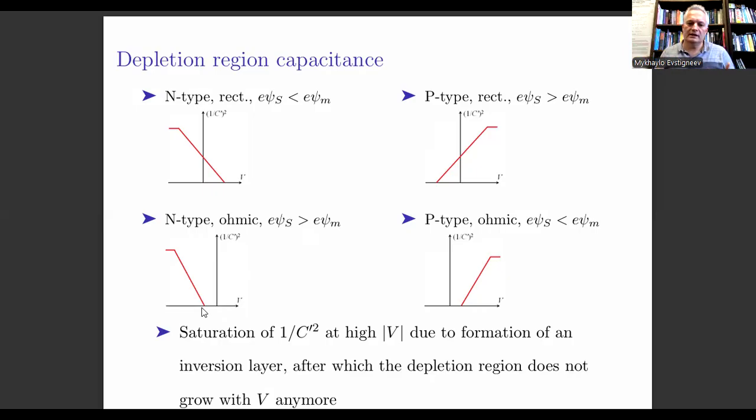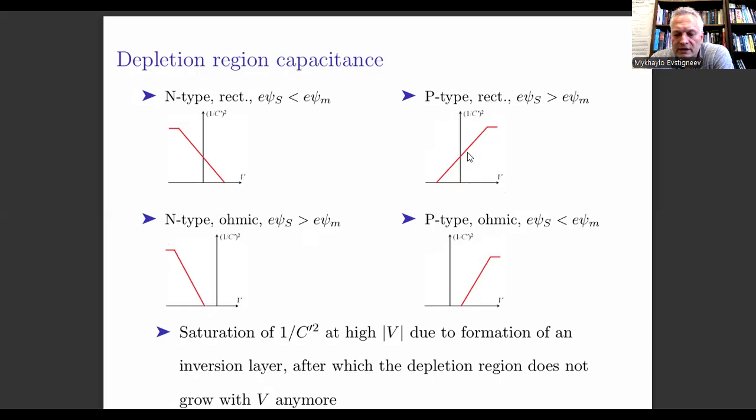Then as you keep decreasing the voltage below this negative value, the semiconductor bands start bending in the opposite direction than at 0 voltage, and so the depletion region starts growing, as you increase the magnitude of negative voltage applied to the metal.